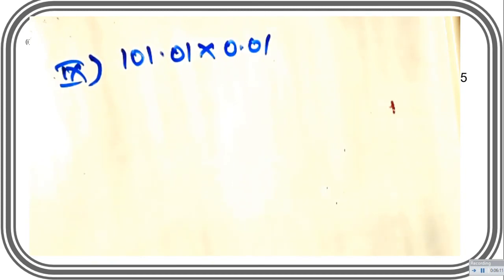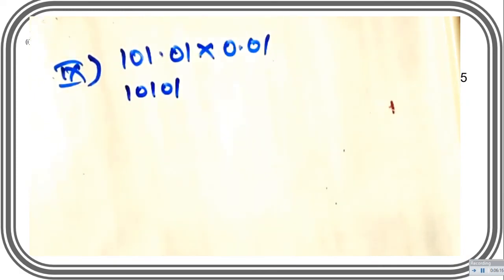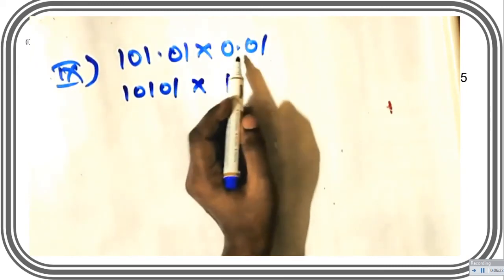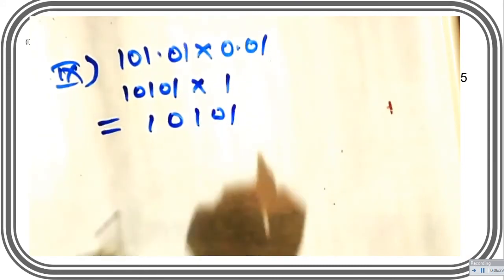Now see here, the question is very simple. Write the numbers, multiply with 1. Why? Because there is 0 before the number, so the number is taken as only 1. So 10101 will remain the same.